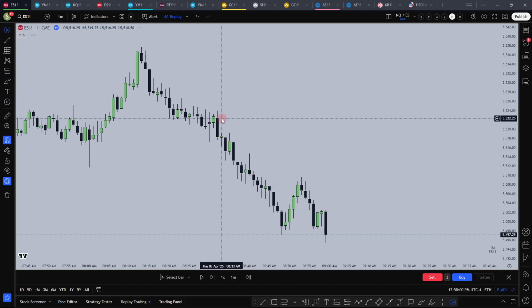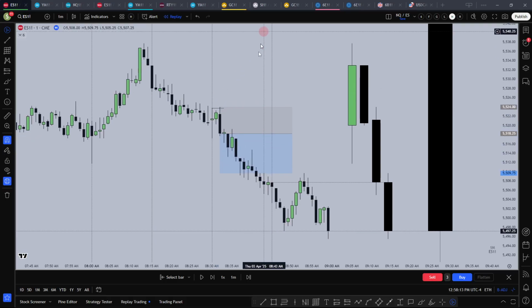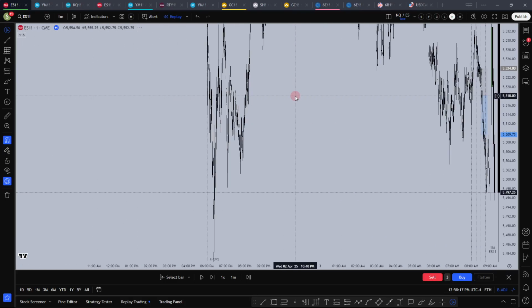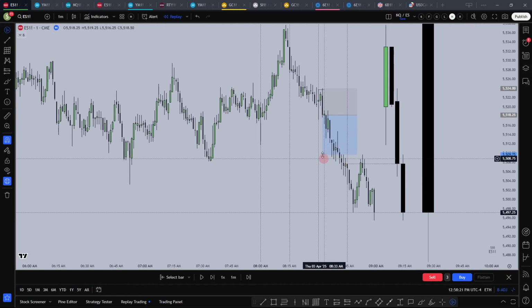What about ES? You can trust it a bit, forming an established high over current candles, displacing away from it, so a good entry till the low of the day. There is the low of the day here.